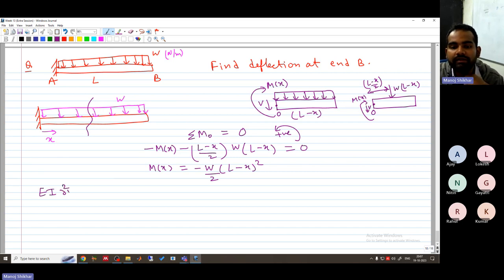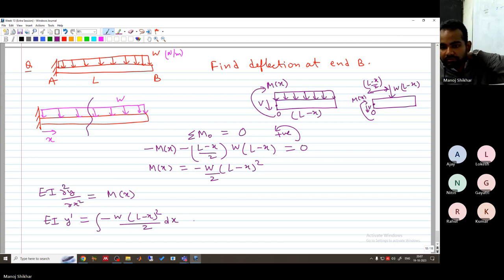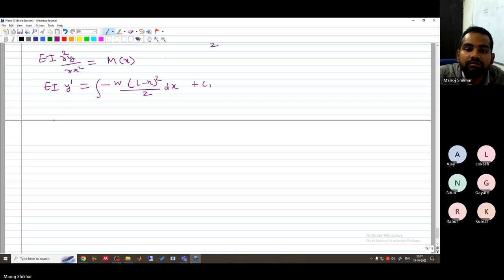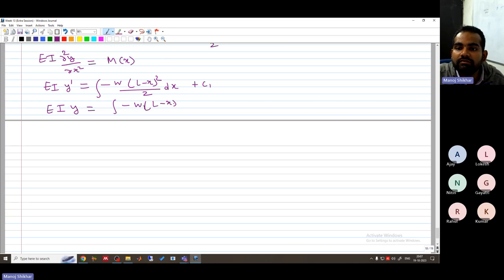EI d²y by dx² equal to Mx. So from here we will have EI y prime equal to the integral of minus W(L minus X) whole square by 2 dx plus C1, and again EI y equal to integrating this again, minus W into (L minus X) whole square by 2 dx, plus C1x plus C2.